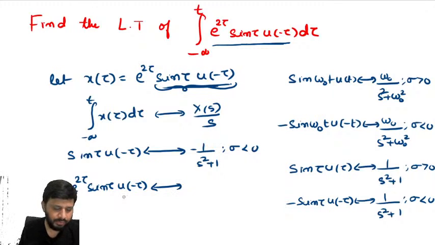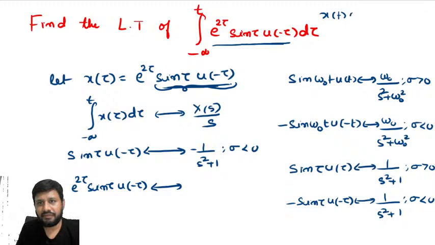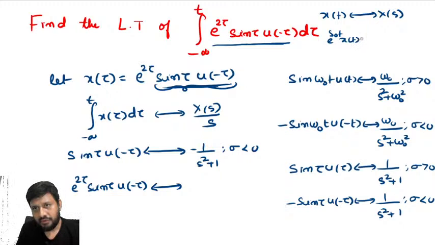Shifting in S domain property I have to use. What is the shifting in S domain property saying? If x of t forms a Laplace transform pair with x of s, then e power s naught t into x of t forms a Laplace transform pair with x of s minus s naught. ROC for x of s is r, ROC for x of s minus s naught is r plus real part of s naught.